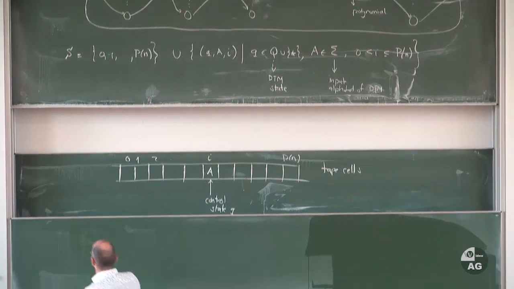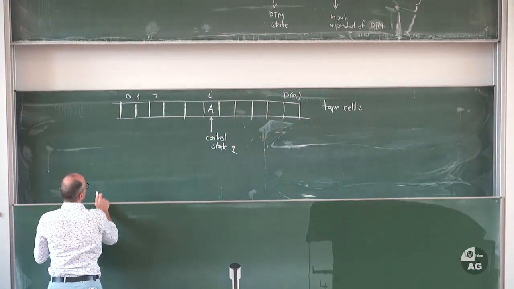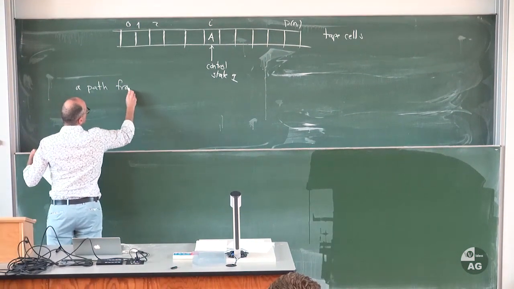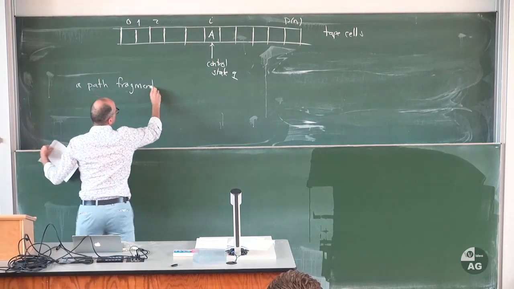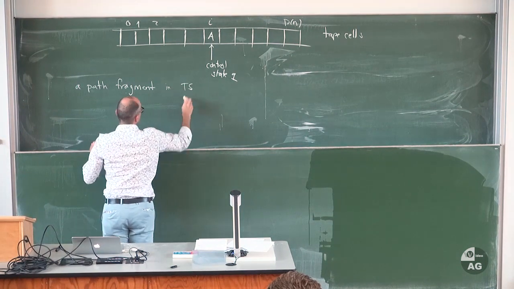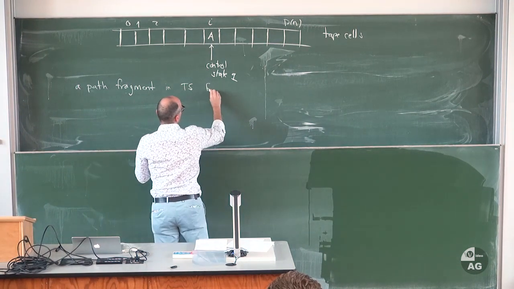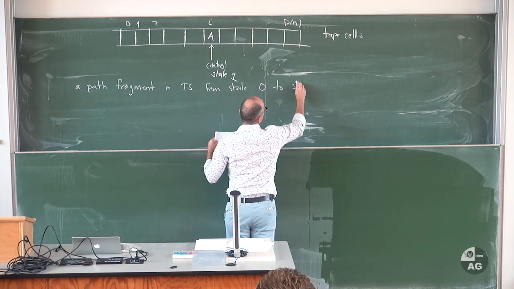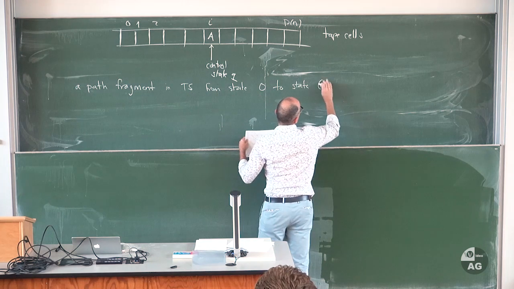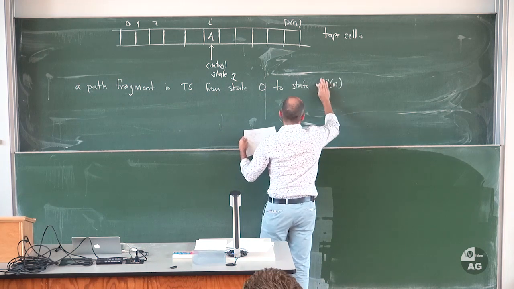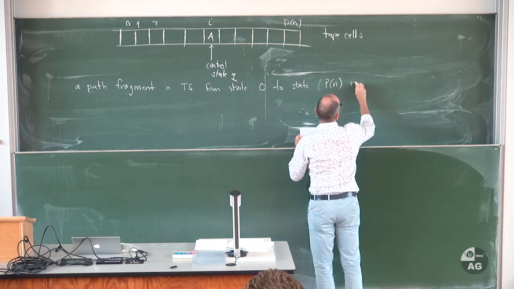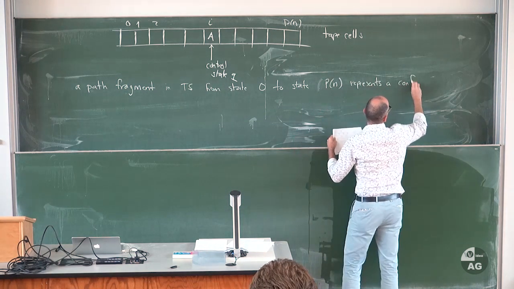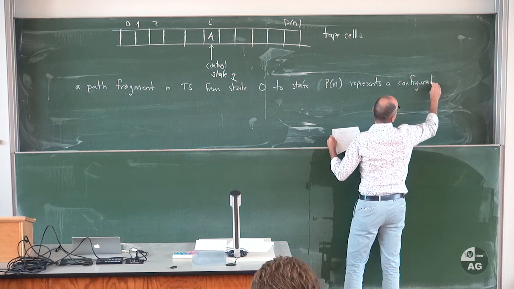Good, so what's the idea? The idea is that a path fragment in this transition system from state 0 to state P(n) represents a configuration of the Turing machine.